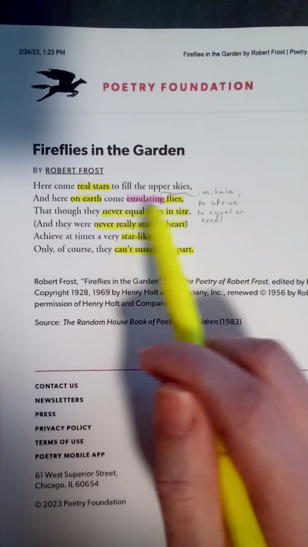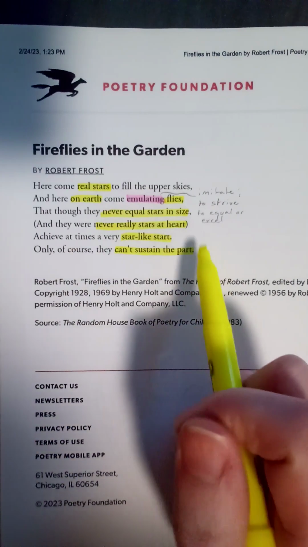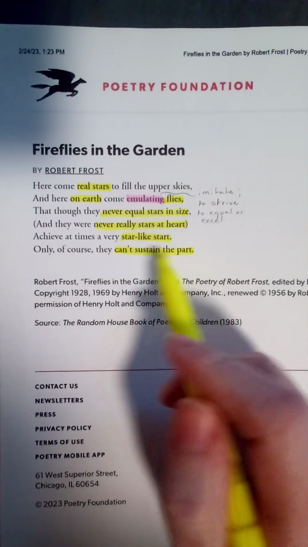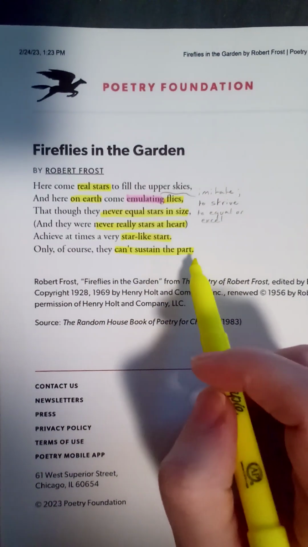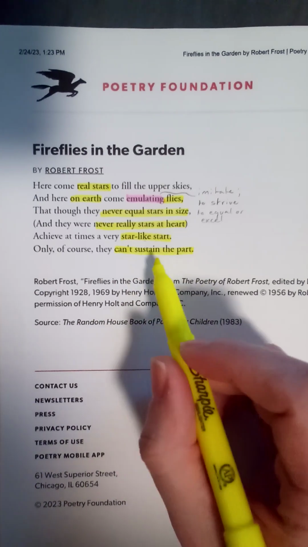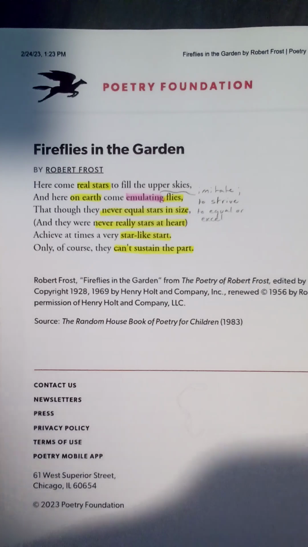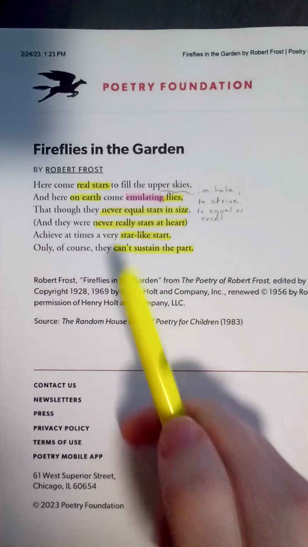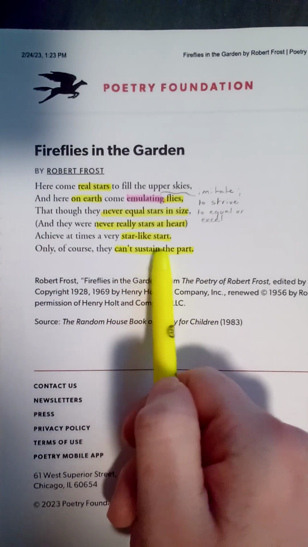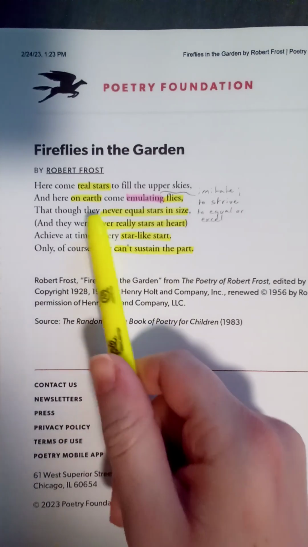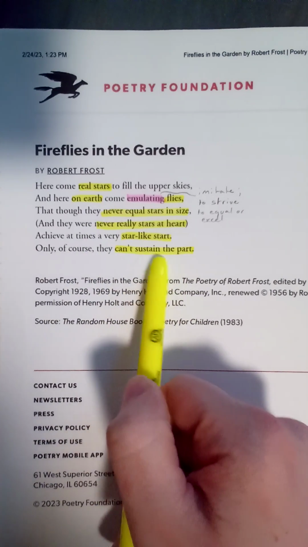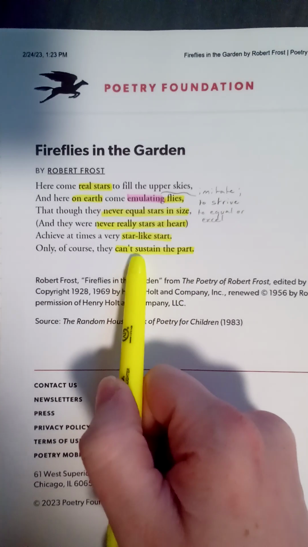Well, in emulating the stars, in imitating them, they're actors. And part, that can be like a role, an act, a performance. And when they can't sustain it, that's referring to how they can't keep it up. And it's not authentic.